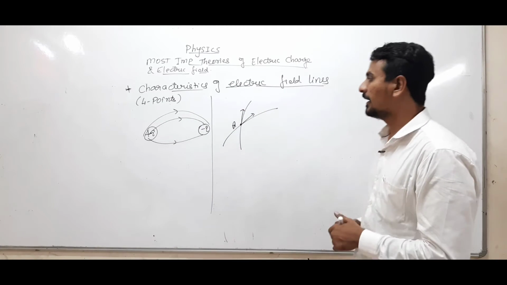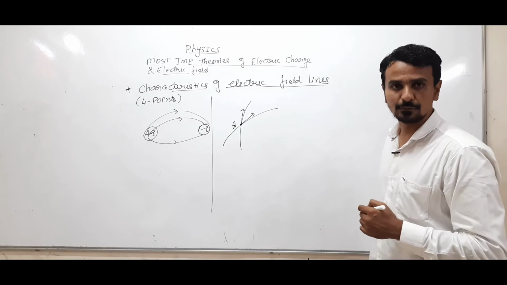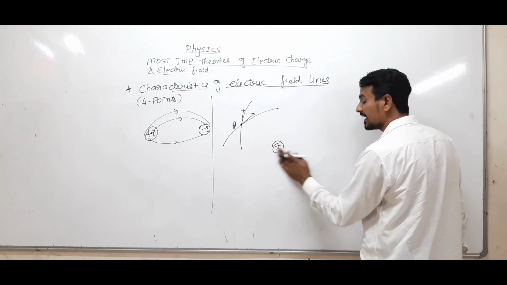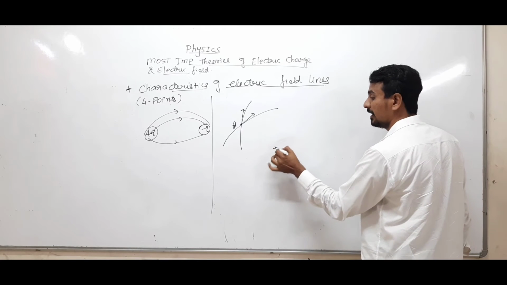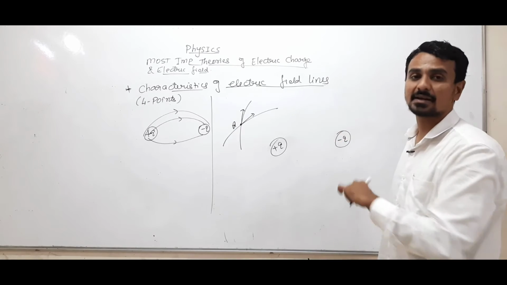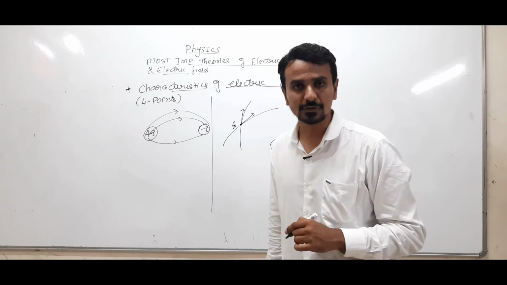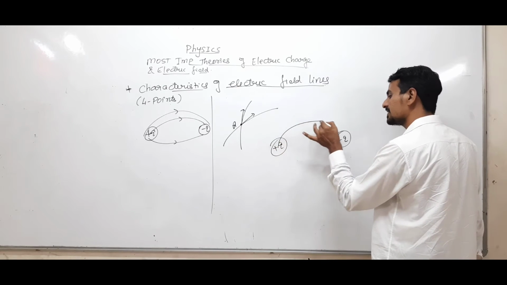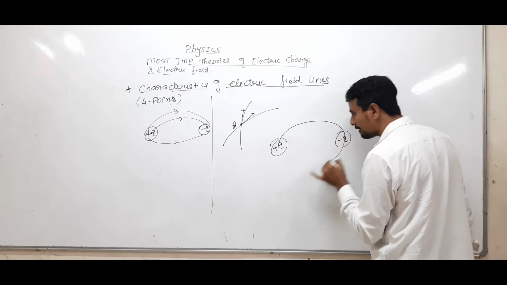And the last one, field lines do not form closed loops. Electric field lines because of stationary charge. This has to be mentioned in your answer, right? That field lines of a static charge distribution will never form a closed loop. Like in this case, field lines emerge out from plus but end at minus. It is not forming a closed loop.